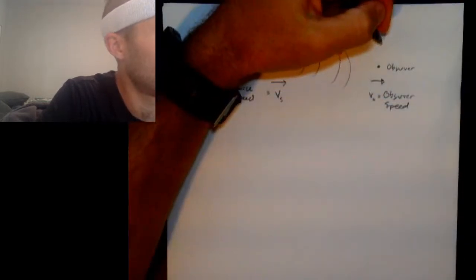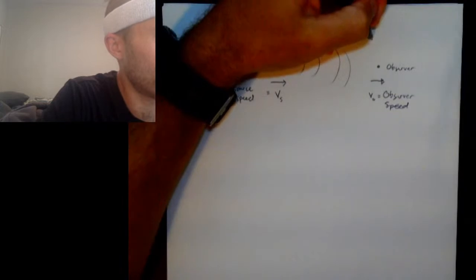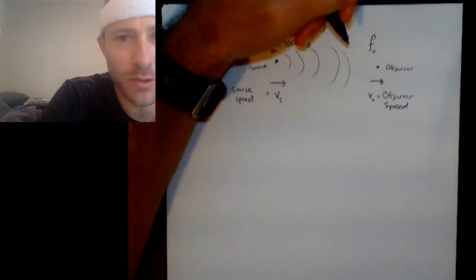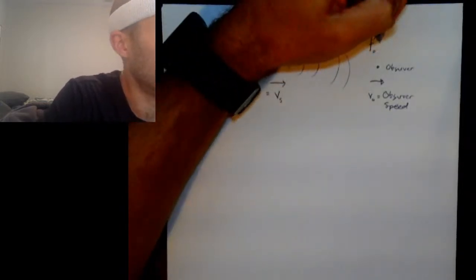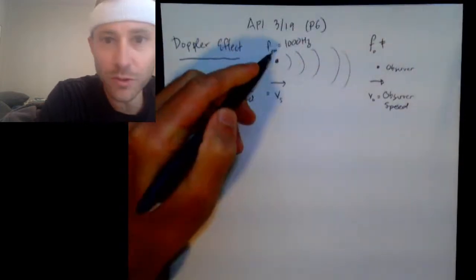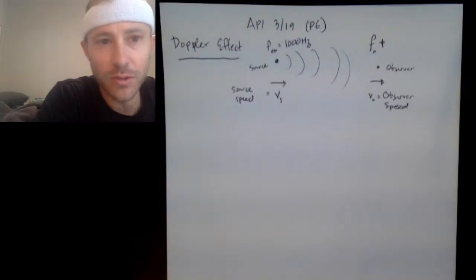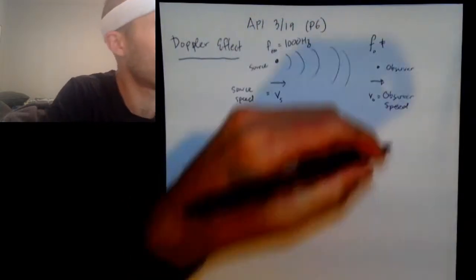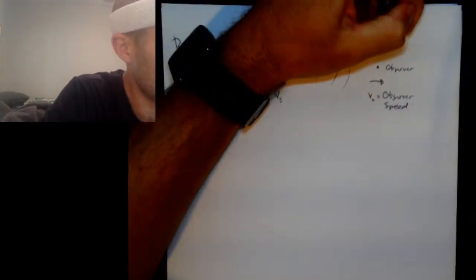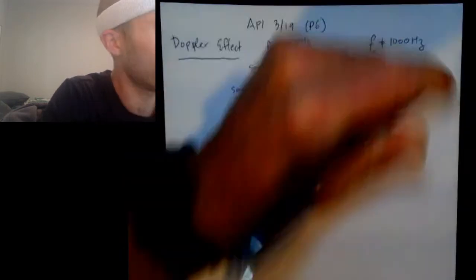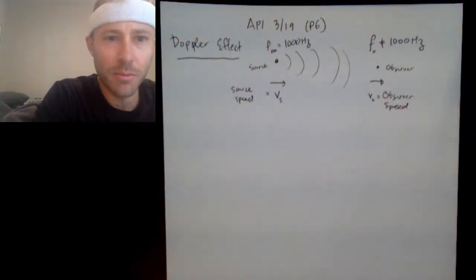And I'll call f sub o the observed frequency. Even though the source is emitting 1,000 hertz, the observed frequency that the observer measures will not be 1,000 hertz. And so that is what the Doppler effect is.